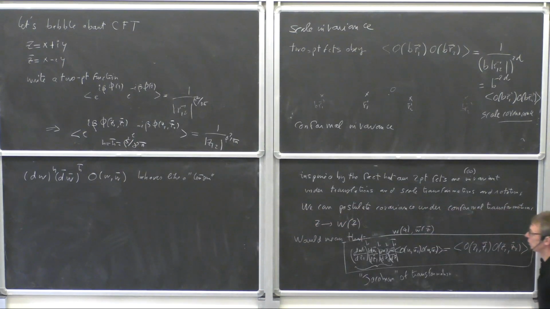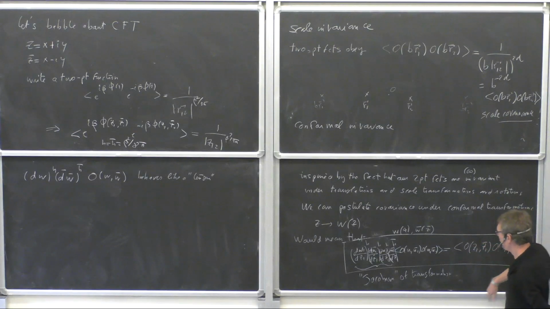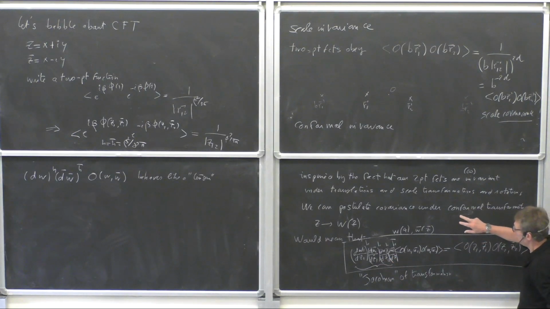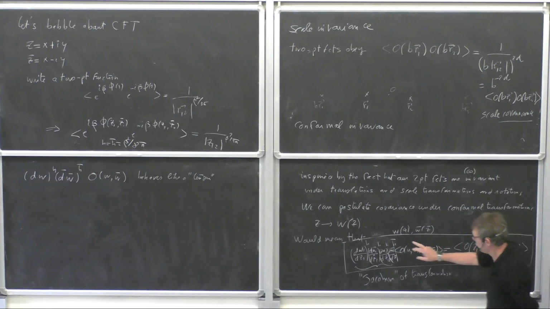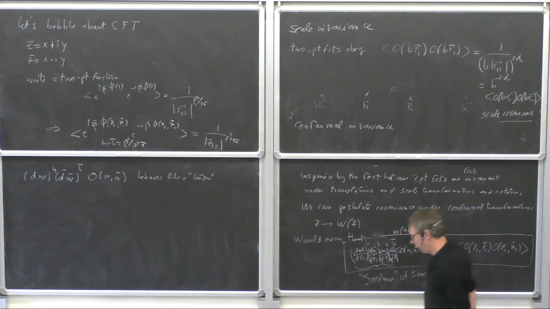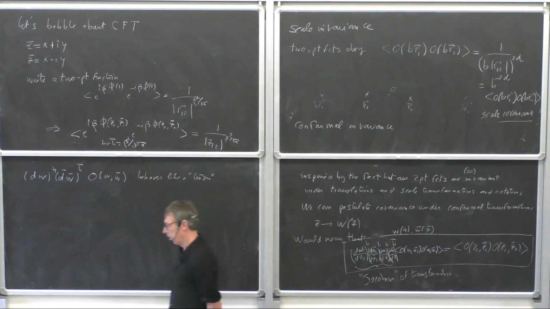So the correlation functions of this are equal to the correlation functions of dz to the h dz bar to the h bar O of z z bar. This is the general hope of conformal transformations.